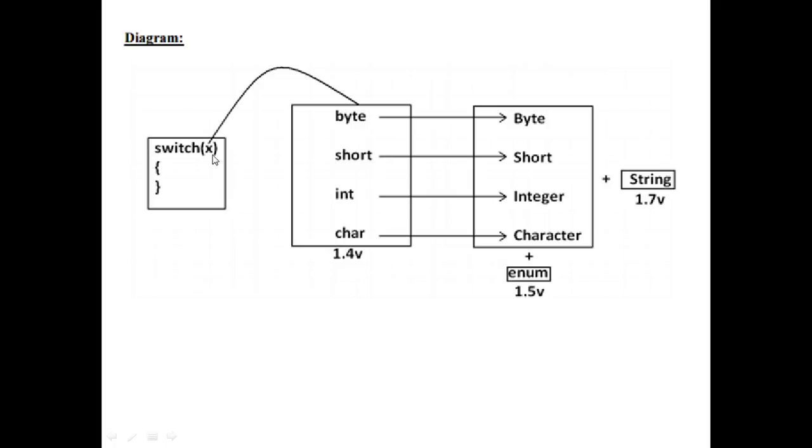When it comes to if else, we are limited to boolean only, but when it comes to switch case default, we have extended our argument type range. So that's why switch case is more flexible compared to the if else statement, and it improves the readability of the code also.